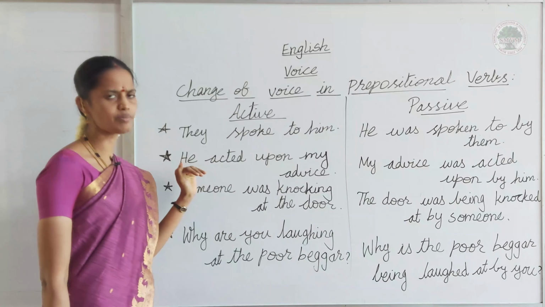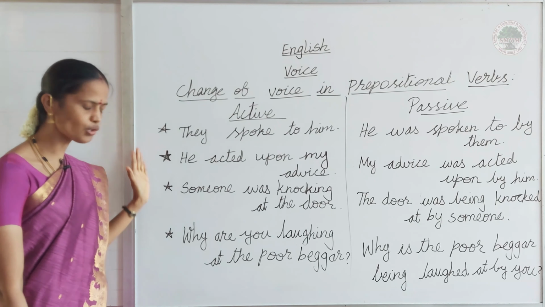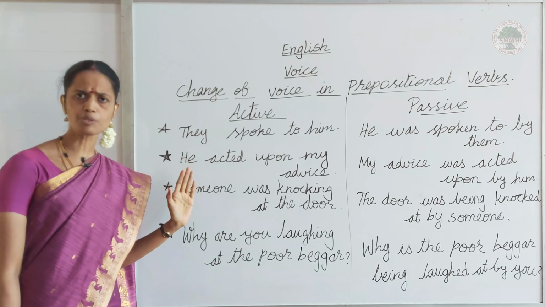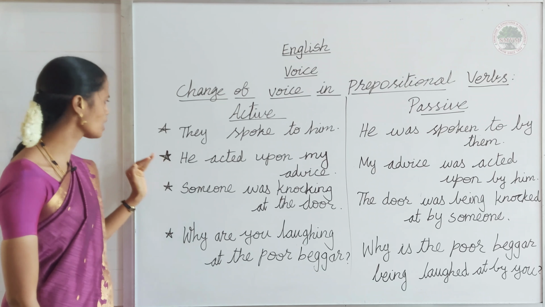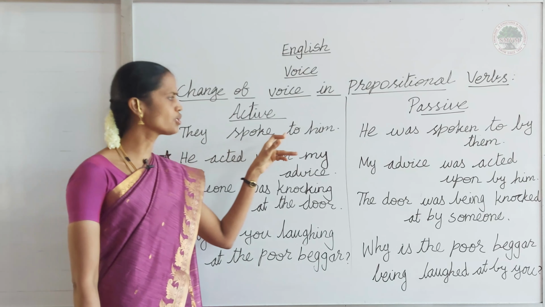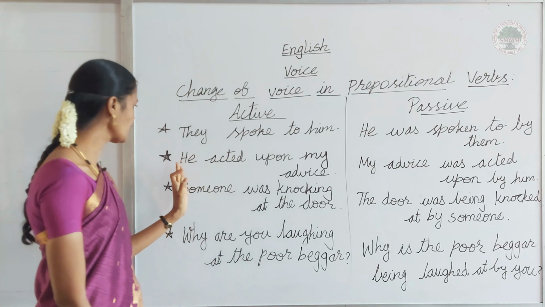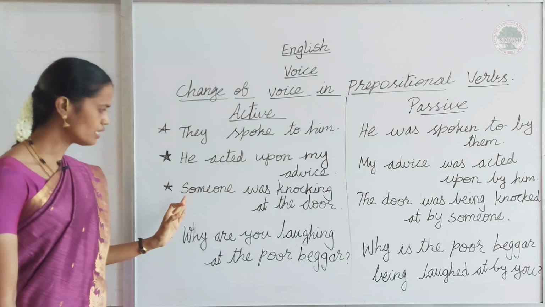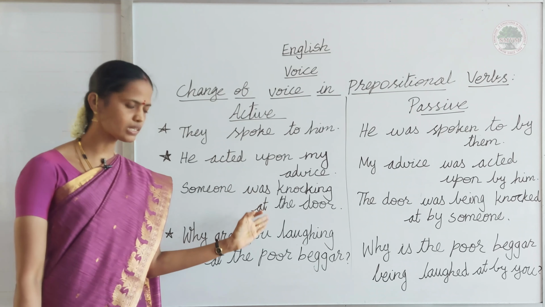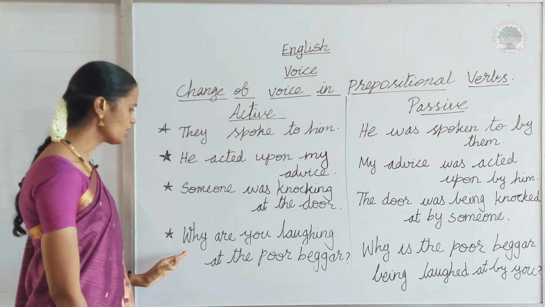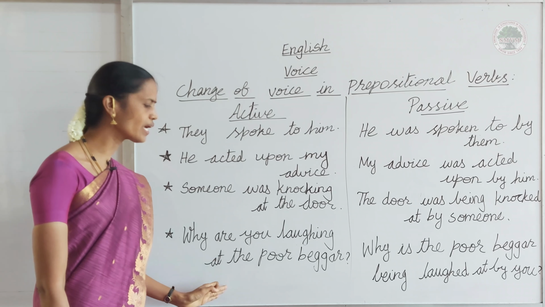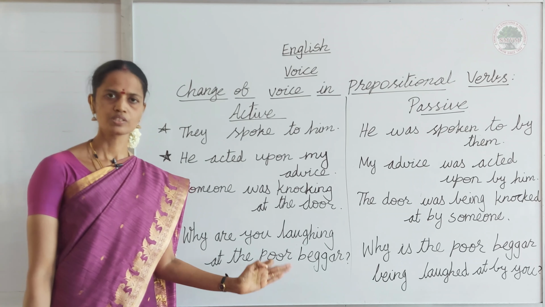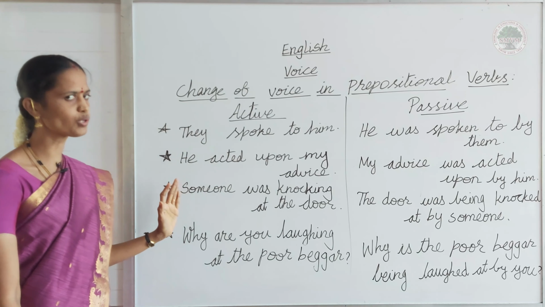First I'll explain, in all these four examples, which prepositional verbs we have used. Okay, so: "They spoke to him." Second one: "He acted upon my advice." Third one: "Someone was knocking at the door." Last one: "Why are you laughing at the poor beggar?" These are the four examples I have given here.